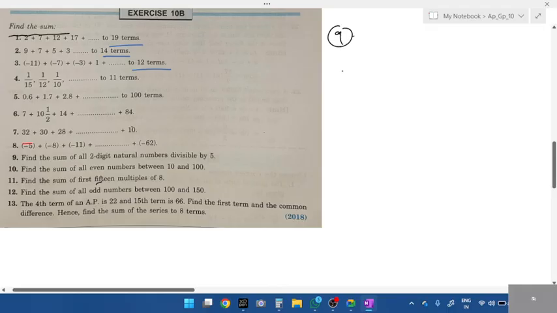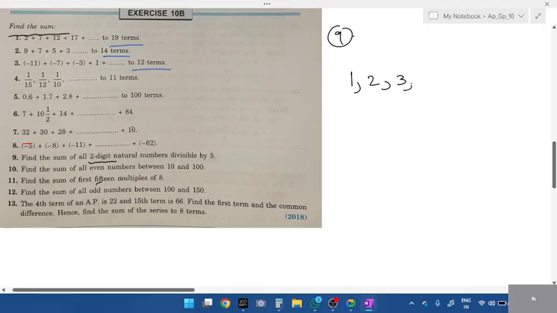Read the question. Find the sum of how many digits? Two digit natural numbers. Natural number starts from which one? One, two, three.